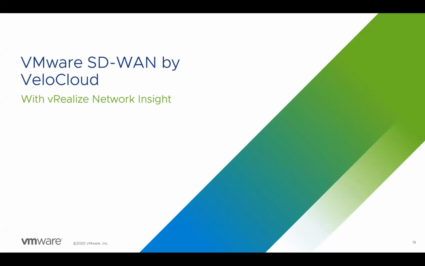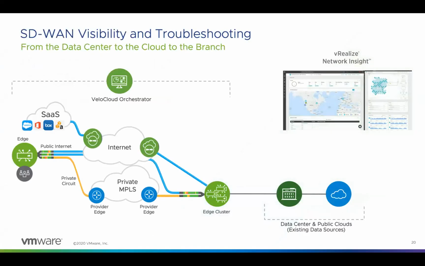I don't see any open Q&A, so let's move on to VMware Cloud, VMware SD-WAN by VMware. Same as physical switches, same as vSphere and NSX, the information from the SD-WAN is pulled into vRNI, and then we can do a lot of things with that.